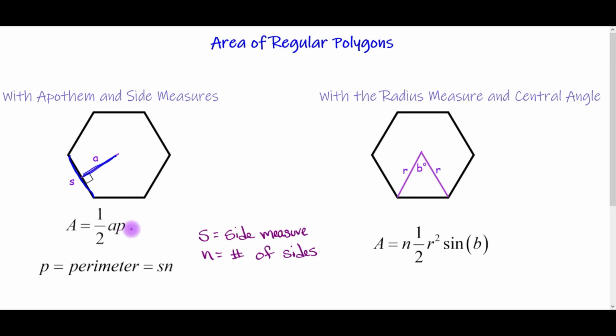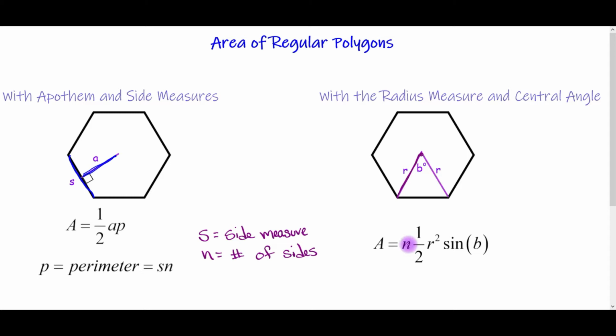If I don't know the apothem, but I know the radius, which goes from the center to the vertex of the polygon, and I know the central angle, which I can always find, since the central angle is always 360 divided by the number of sides, then we can use the formula for the area of a triangle when I know two sides and the included angle. And then we multiply that by the number of triangles, which is the same as the number of sides.